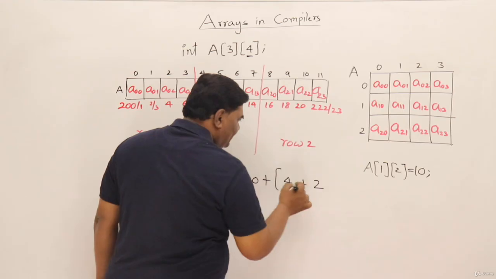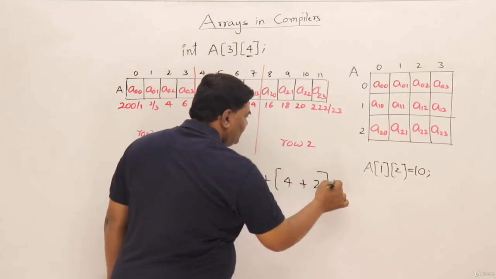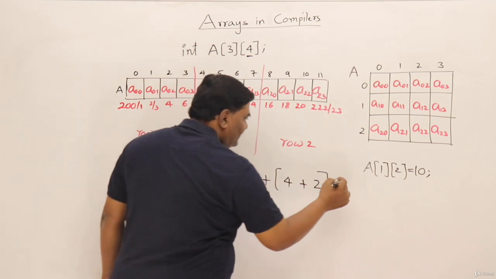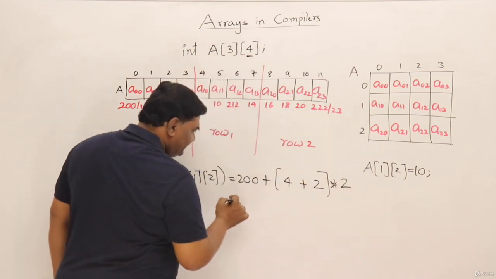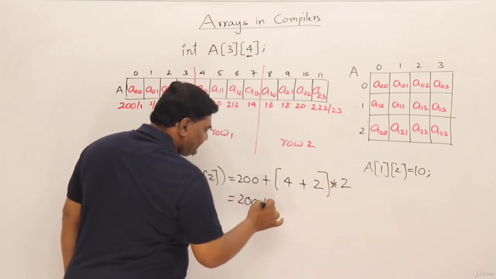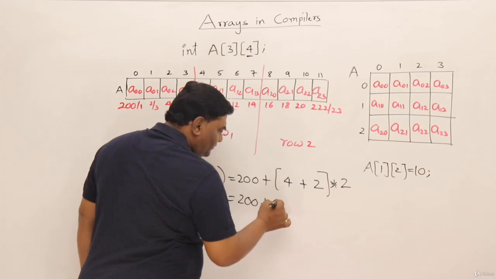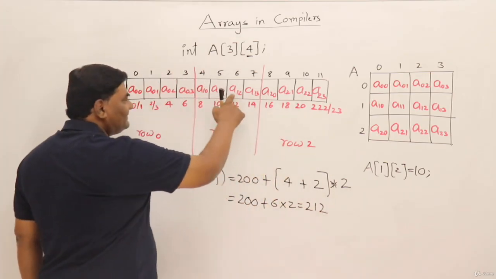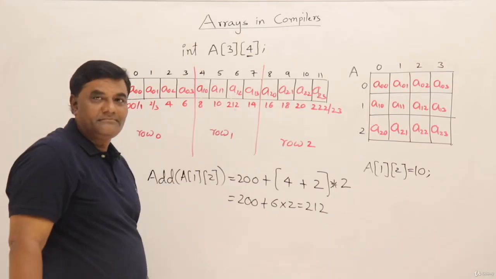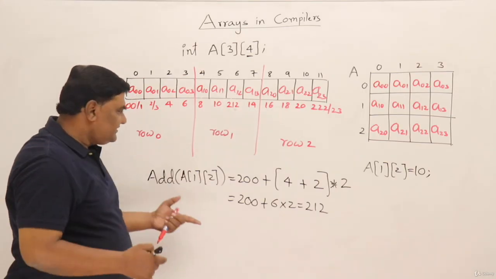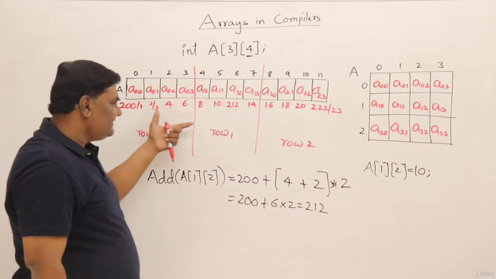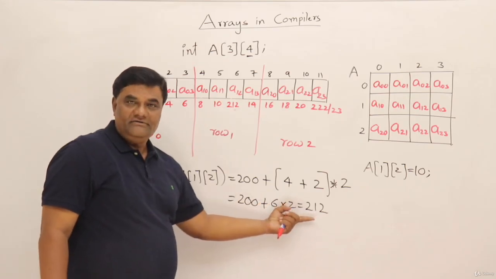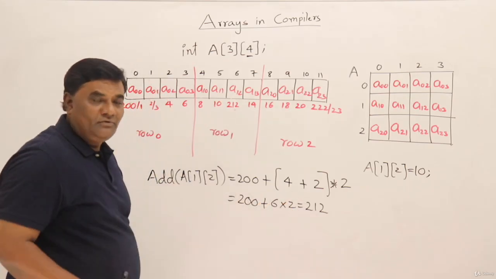Then this should be multiplied by 2, because there are 2 bytes for each element as it's an integer. So this is 200 plus 6 into 2, that is 212. Yes, I got the address. I have just worked it out by taking the addresses and the index, and I got the address 212. Now let us try one more element.